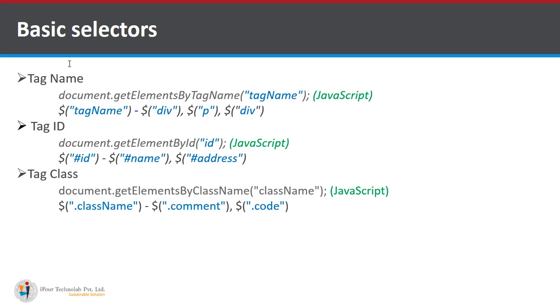Similarly, in JavaScript you can use document.getElementById, but in jQuery you can use $ with hashtag ID. Hash is for ID and dot is for class. To select all elements inside the HTML body, you have to use the $ sign with an asterisk mark.